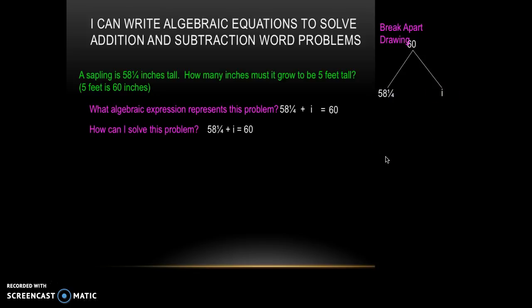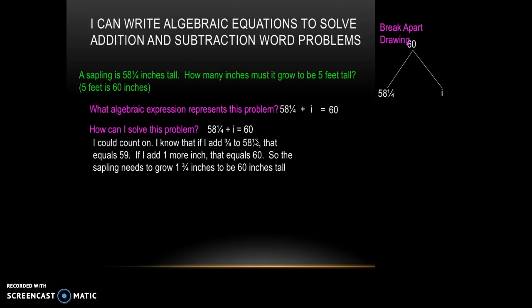Now, one of the things that we could do is count up. I know that 58¼ if I added 3/4 to that, I would get 59, and then 59 plus 1 is 60. Okay, so that's what's being explained here. So that would give me 3/4 of an inch plus 1 inch for a total of 1 3/4 inches to be 60 inches tall.